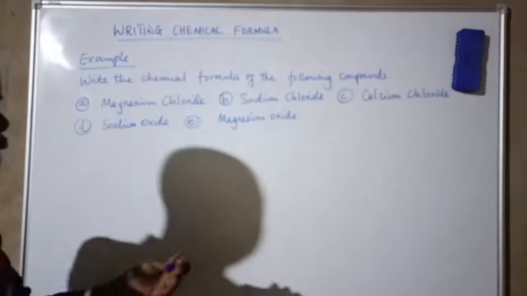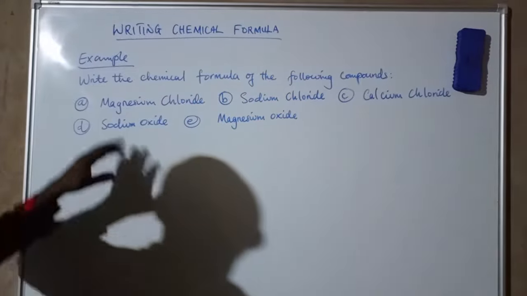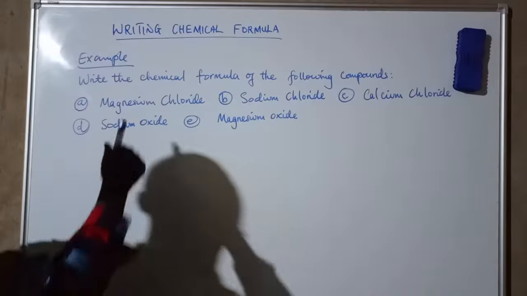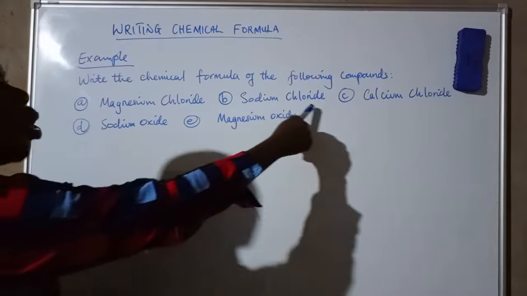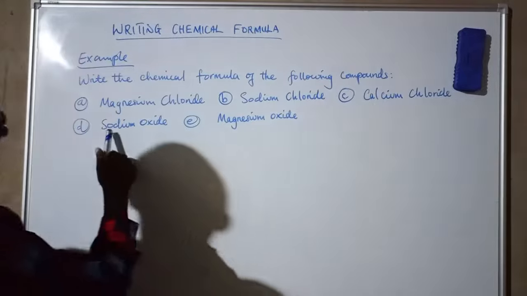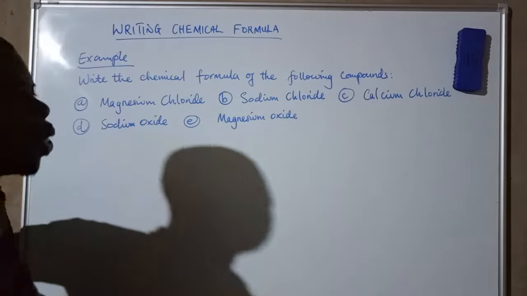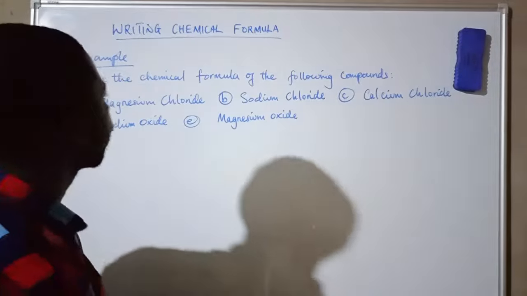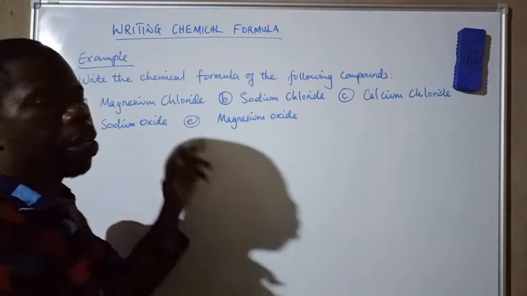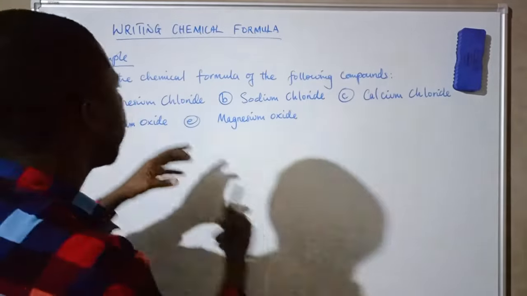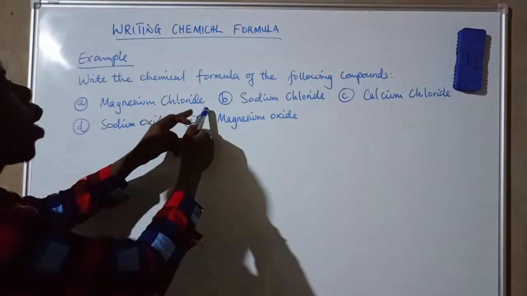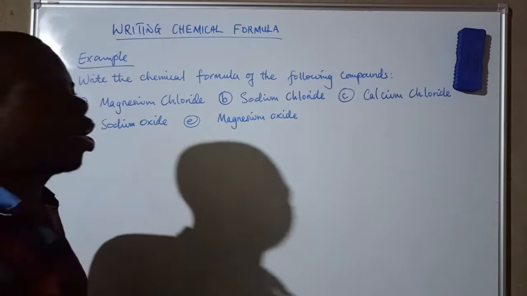So we have been provided with these compounds: magnesium chloride, sodium chloride, calcium chloride, sodium oxide, magnesium oxide. Okay. So this chloride is chlorine atom that has changed into chloride after combining with another element.